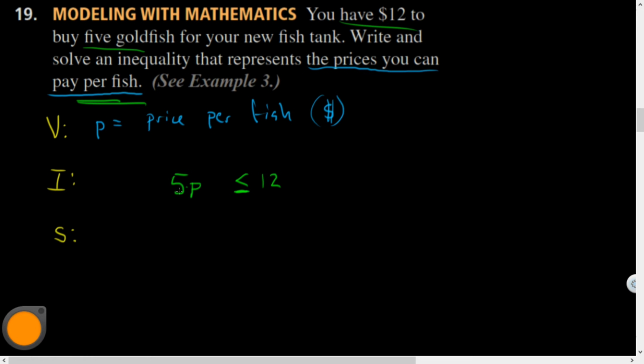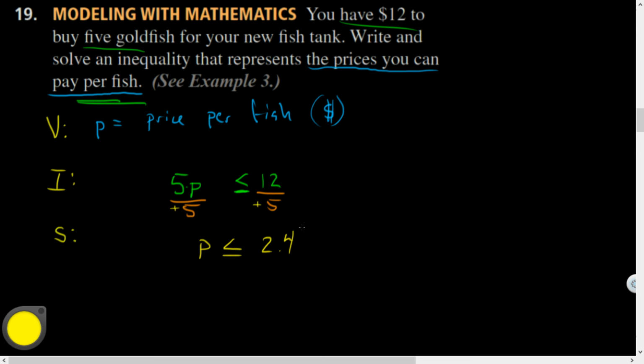Even if you don't like this fraction or decimal answer. What would I do to both sides to get P by itself? Divide by 5. Man, you guys are going to be ready for this quiz. I like this mini quiz. So I'm going to have P. Oh, wait, do I have to flip the inequality? No, because I divided by a positive. So the price per fish has got to be less than 12 fifths. 5 goes into 12 twice, and I think it's 2.4.